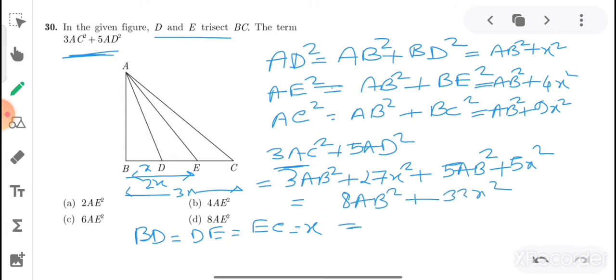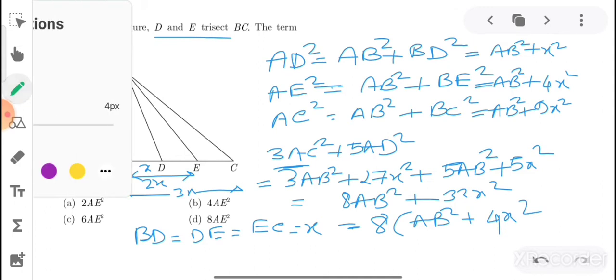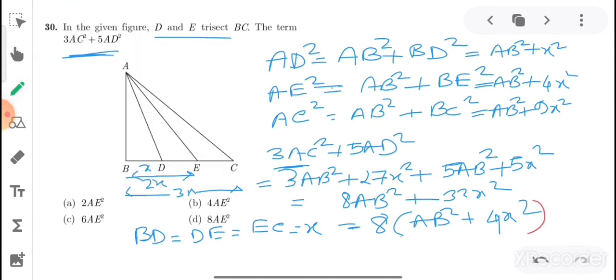If we take 8 as common, then AB square plus 4X square, and it is the value of AE square, then it will give 8AE square. It is the correct option.